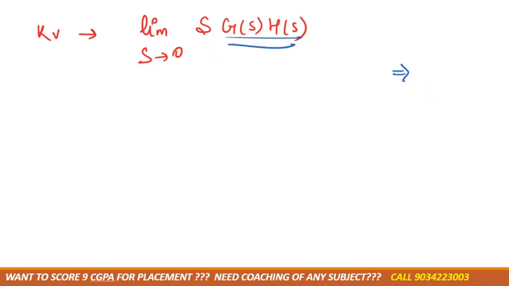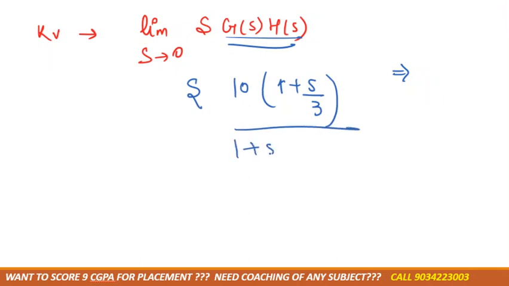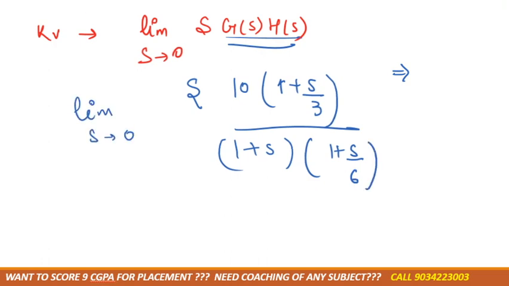Yeah, see how we can solve it. Kv is limit s tends to 0 of s into 10 into (1 plus s by 3) divided by (1 plus s) (1 plus s by 6). Now in this case, put s is equal to 0.